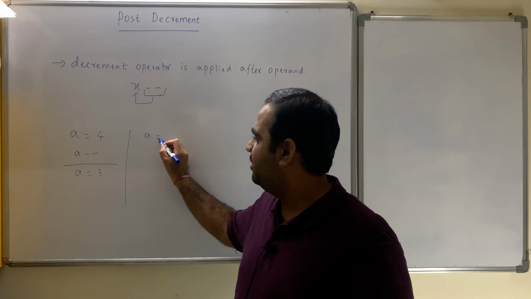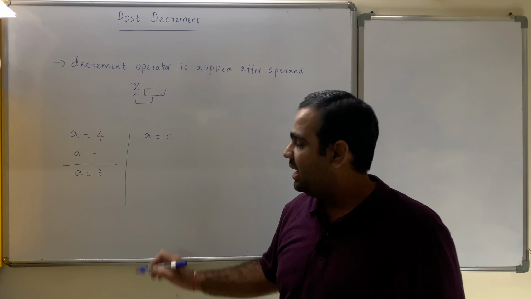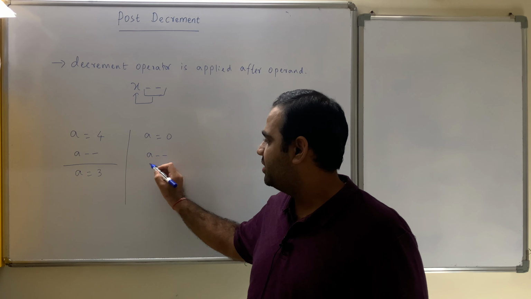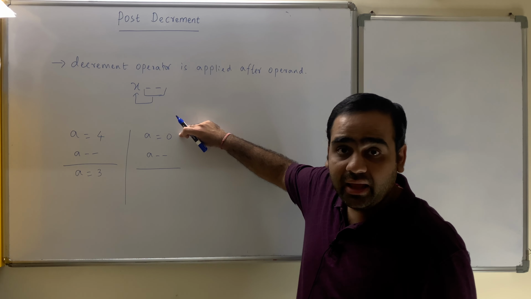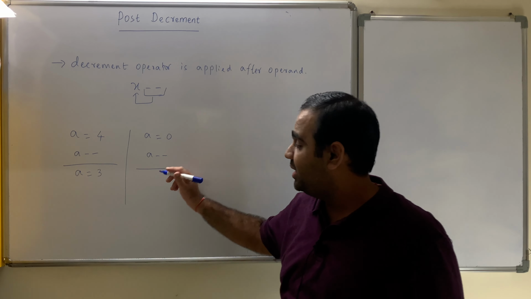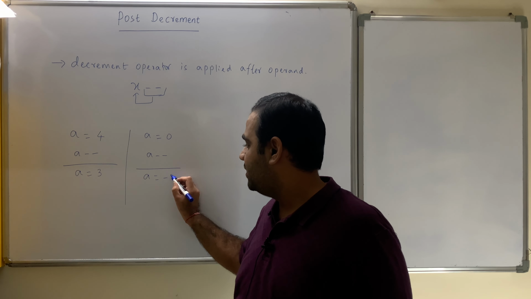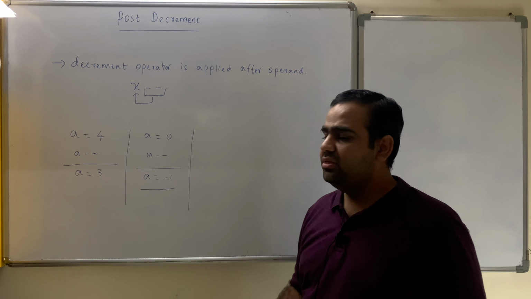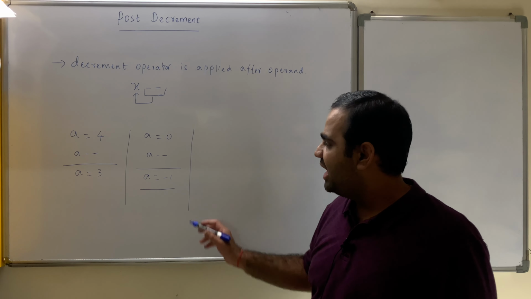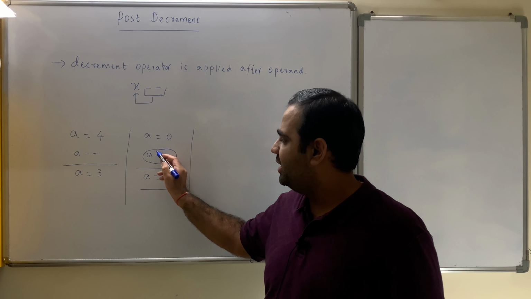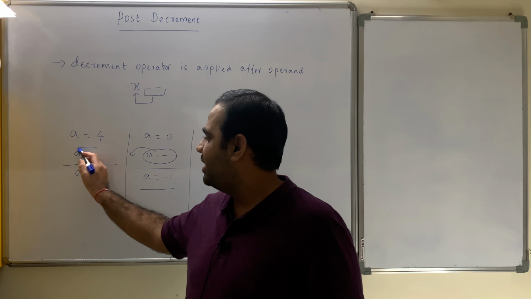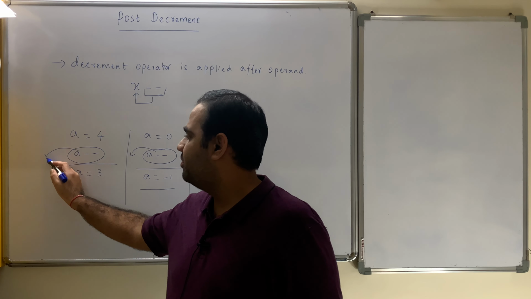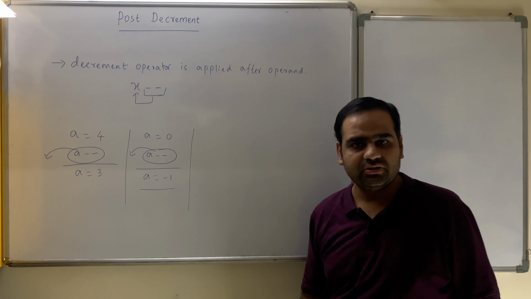Suppose a is equal to 0 and we write a minus minus. That means subtract 1 from this variable a. 0 minus 1 is minus 1. A becomes minus 1. Now in these two cases, we haven't assigned the value of a minus minus to some variable on LHS.